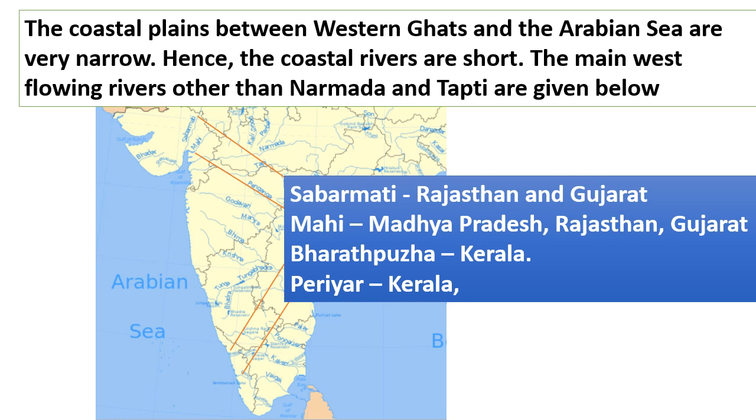The main west flowing rivers other than Narmada and Tapi are given below. Sabarmati is flowing through Rajasthan and Gujarat. Mahi is flowing through Madhya Pradesh, Rajasthan, Gujarat. Bharatapuzha is flowing through Kerala. Periyar is also flowing through Kerala.